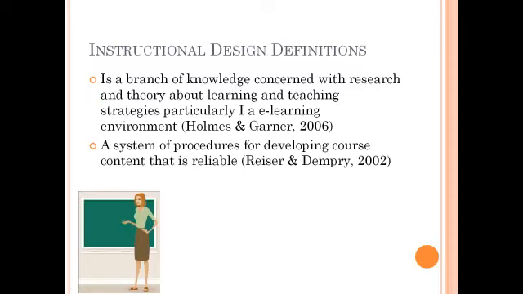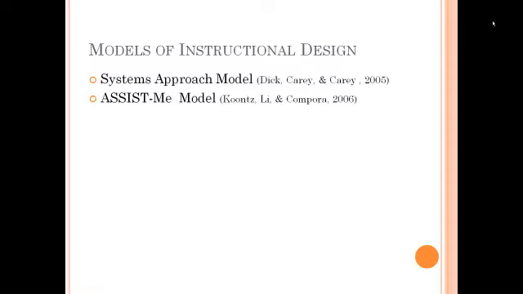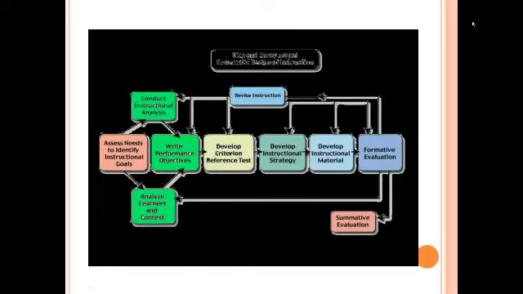So the first model we have here is the systems approach model. We'll take a quick look at the actual model laid out, and you can take a look at it yourself, and you'll notice some of the components.